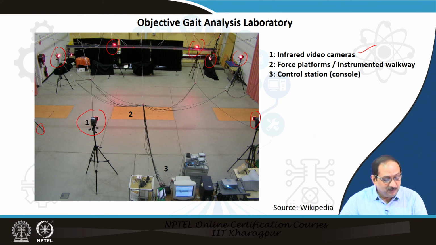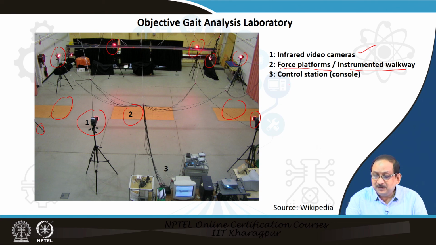This laboratory is equipped with force platforms or an instrumented walkway, seen here in yellow color, embedded in the floor at the floor level. It has to be embedded at the floor level so that a person can walk over it and the data can be measured for the duration of the gait cycle.